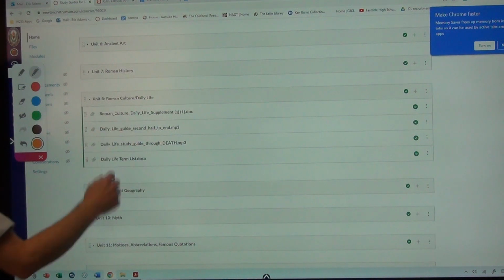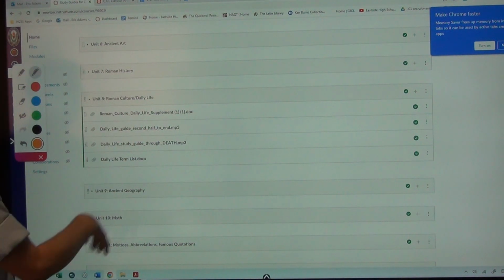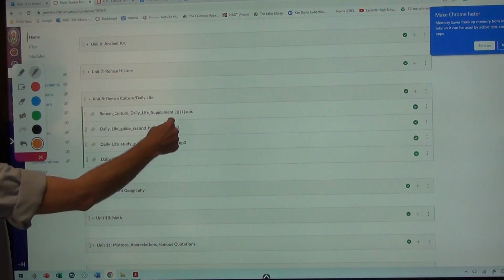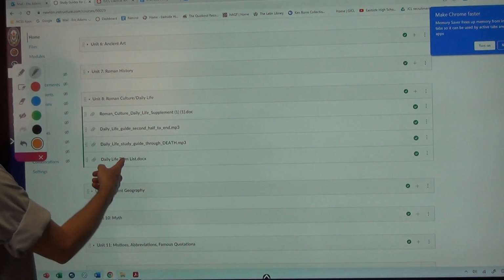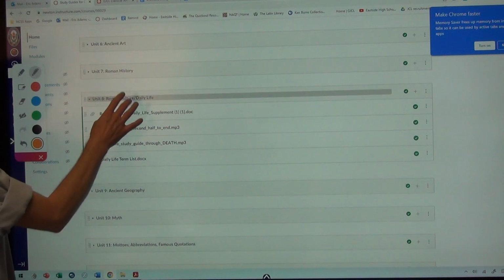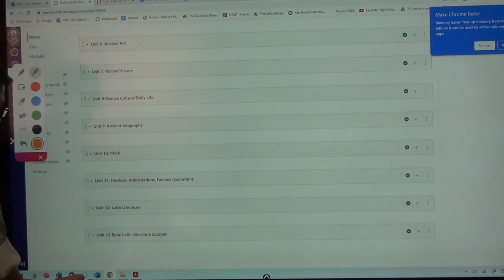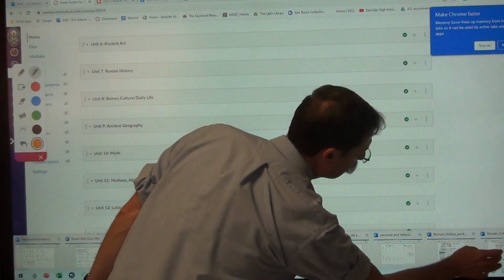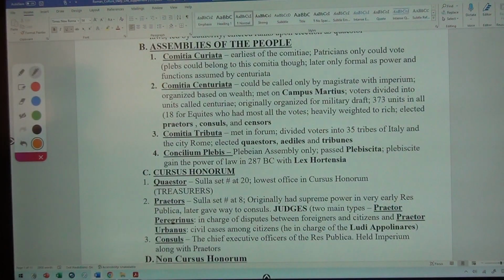It's, again, nothing but a daily life supplement. That is the document. And then MP3s of me going through it. And then another document that is just the various terms that you'll find in the study guide. Another easy exam that you can obviously do well on, because the daily life Roman culture one, it's only 11 pages long.